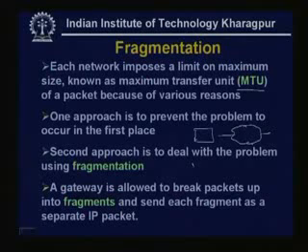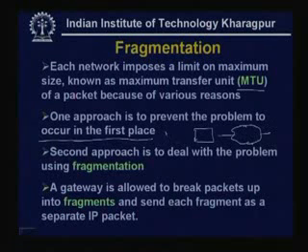So how can this problem be tackled? There are two ways of handling it. One approach is to prevent the problem from occurring in the first place. That means the source takes care of it. The source is requested to send packets of the minimum size, that is, the maximum size allowed by any network in the path from source to destination.